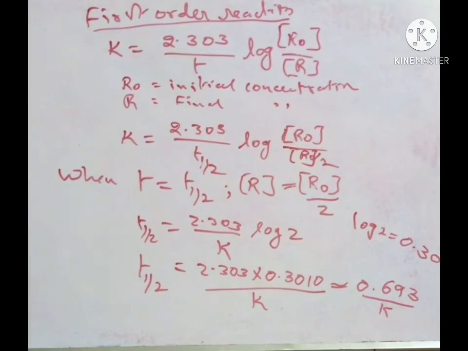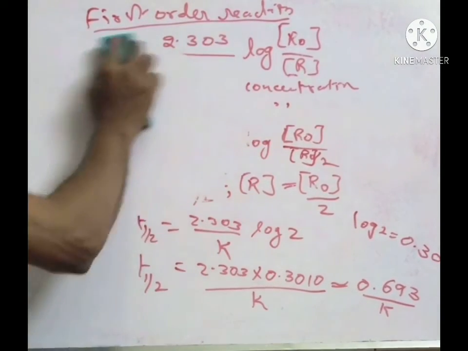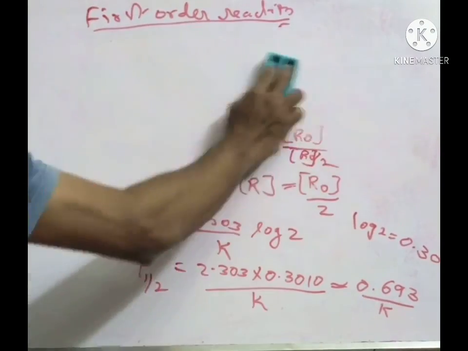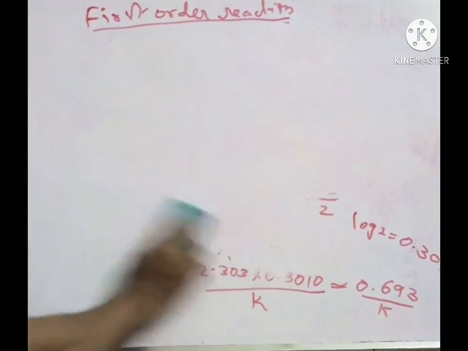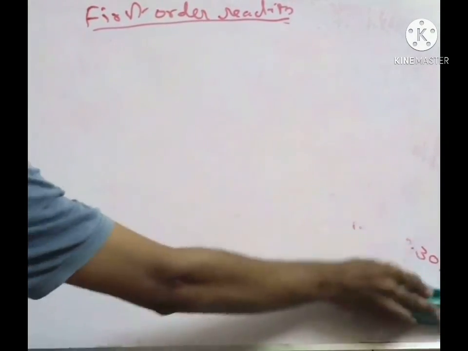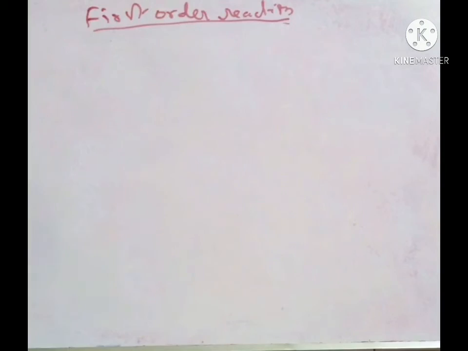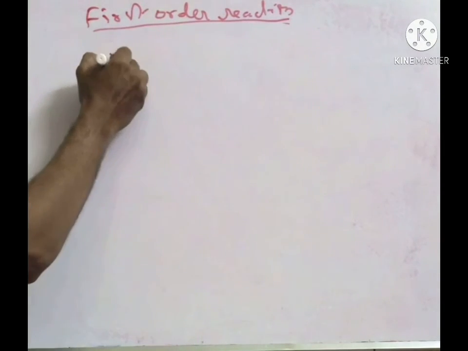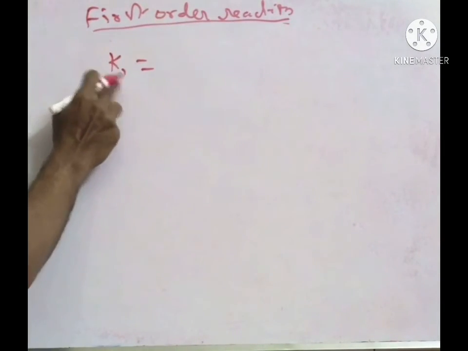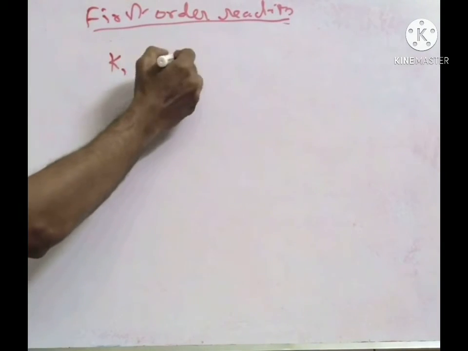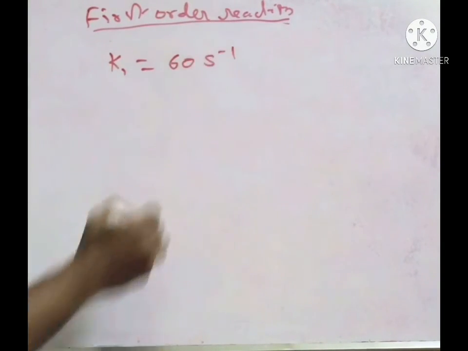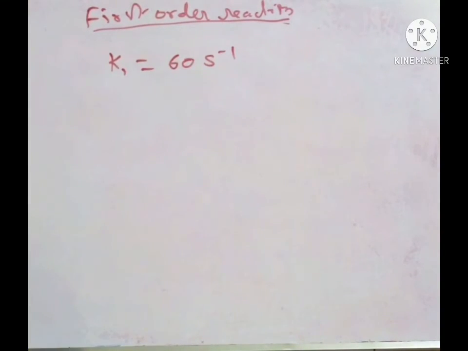The rate constant for a first order reaction, the question was given. This is the first order reaction once again. They have given the rate constant for a first order reaction, that is K. For identification, the first order reaction rate constant is 60 second inverse. The units are time inverse, correct? Second inverse.